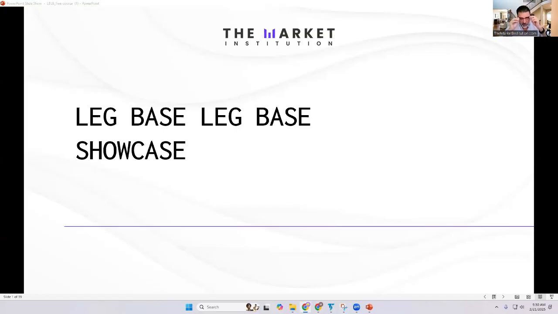Now, this is something that I have discovered in looking for a specific reason why price changes direction. And we've been able to use this leg base to give us that understanding that when there are leftover unfilled orders, there's a little footprint over on the left-hand side of the chart.